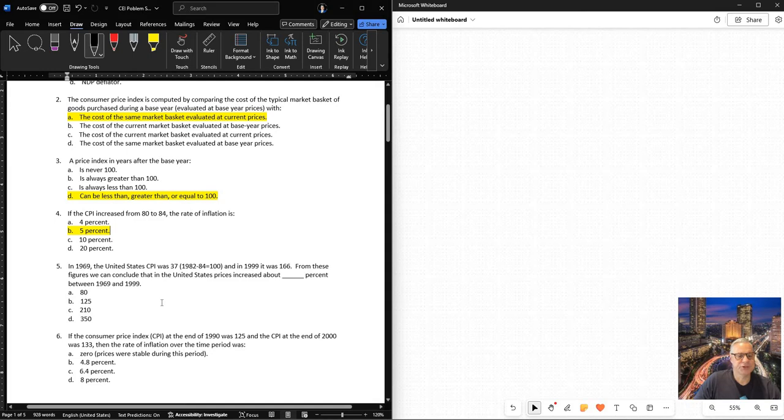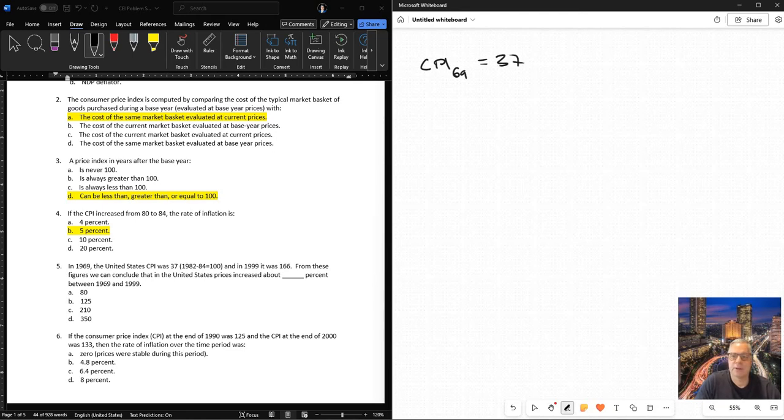In 1969, the CPI was 37, and then in 1999 it was 166. Okay, so again the same thing, the CPI in 1969 was 37, and then the CPI in 1999 was 166.